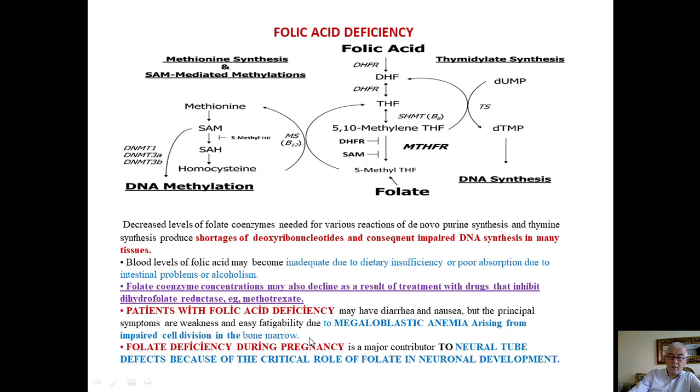You understand very well, if you block or decrease folic acid levels, you have problems in thymine nucleotide synthesis or purine de novo synthesis. Folate deficiency during pregnancy is a major contributor to neural tube defects because of the critical role of folate in neural development. It is the key molecule in our cell, folic acid.